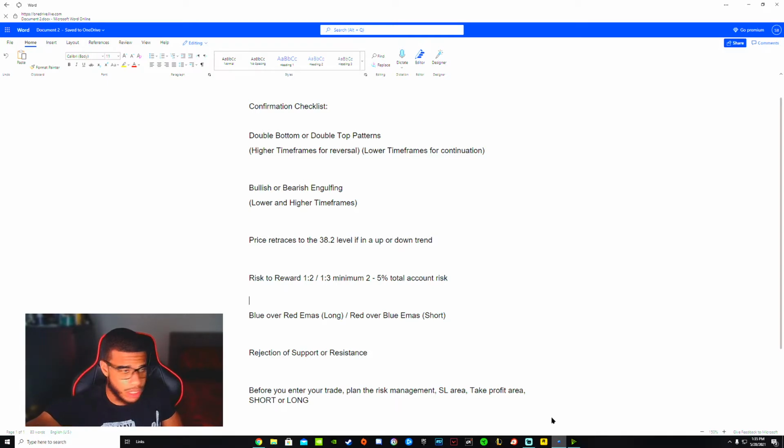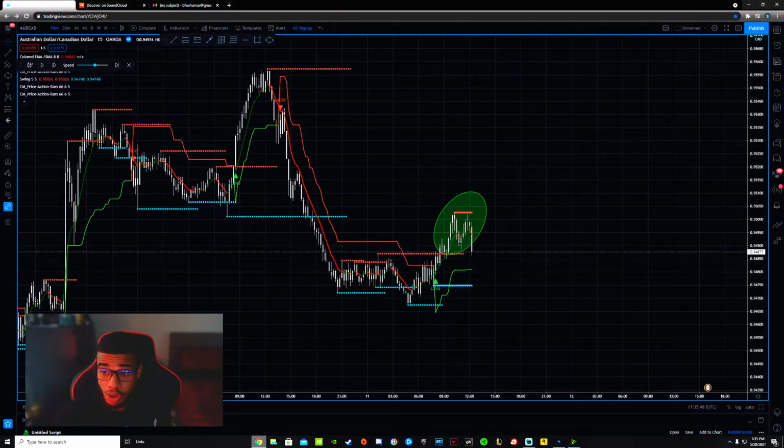Comes up, retraces down a little bit, comes back up, goes right back down. Bullish or bearish engulfing candles, lower and higher time frames. So what a bullish or bearish engulfing candle is, this candle right here engulfs or is bigger than these past 1, 2, 3, 4, 5 candles in the upward direction.